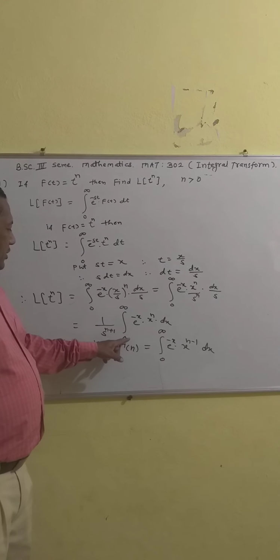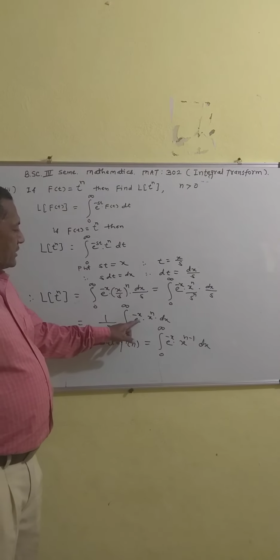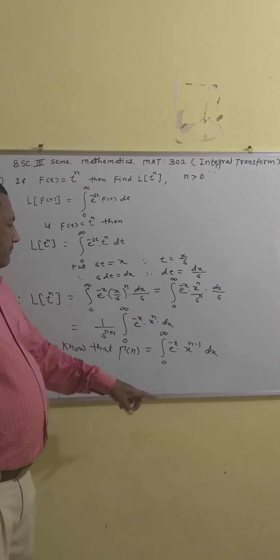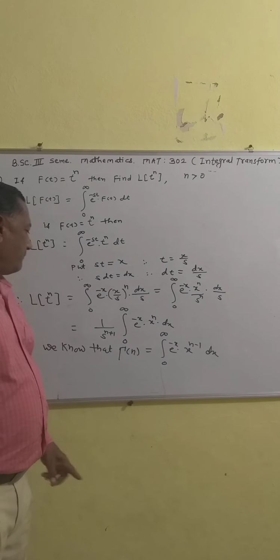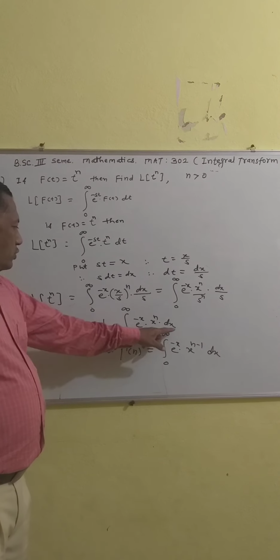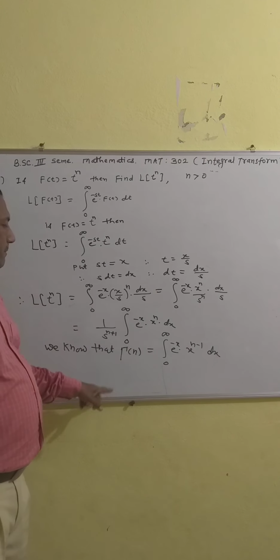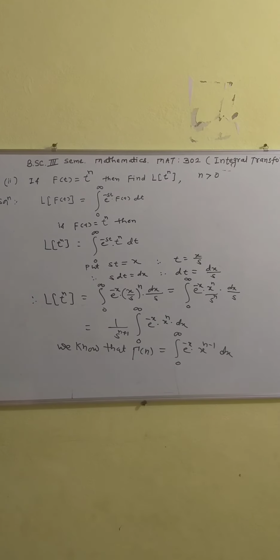Now here you have 0 to infinity e raised to minus x into x raised to n, but here x raised to n minus 1 gives gamma of n. Therefore this total becomes gamma of n plus 1.